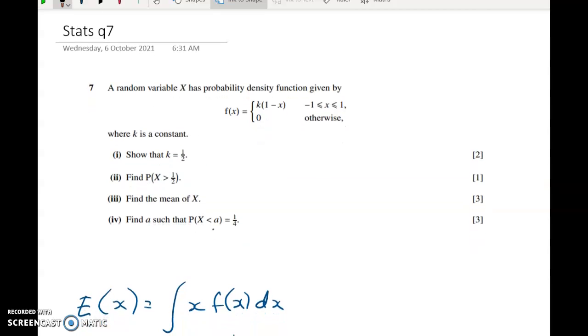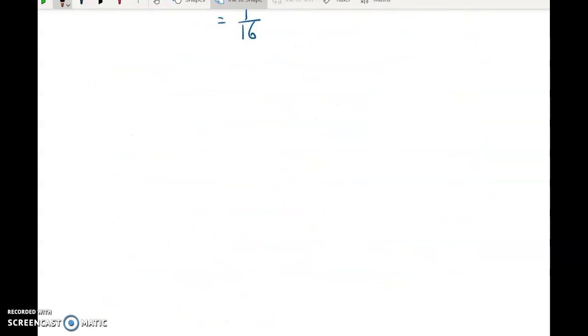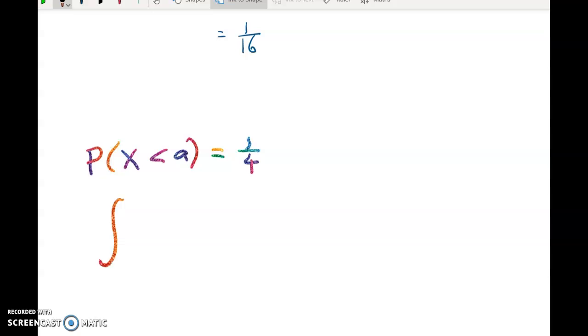Now, the last question was a nice one. It was to find the value of A that will give us basically the lower quartile. So this is what we're solving. We want the probability that X is less than A is equal to 1/4. So here we're going to have A and here we're going to have -1, and we've got a half times (1 minus X) dx equals 1/4.